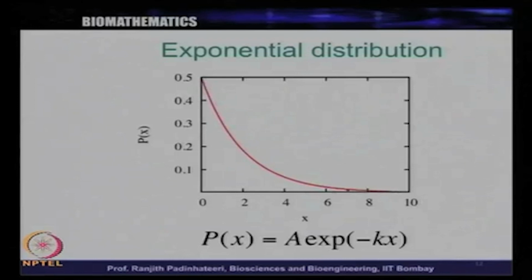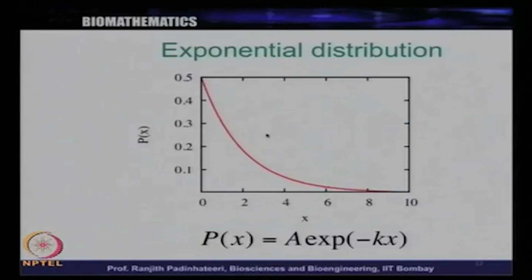Similarly, if you ask how long you have to wait, the probability that you have to wait very long is less, and the probability that you have to wait a short time is more. So, the event happening immediately has a large probability, and the event happening after a long time has very little probability. That is precisely what this means.